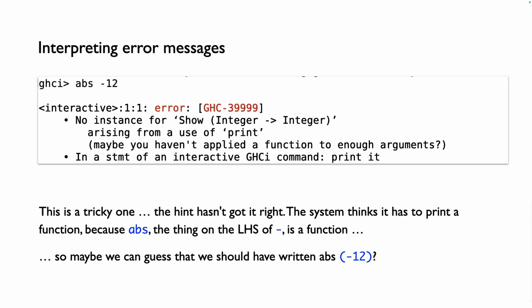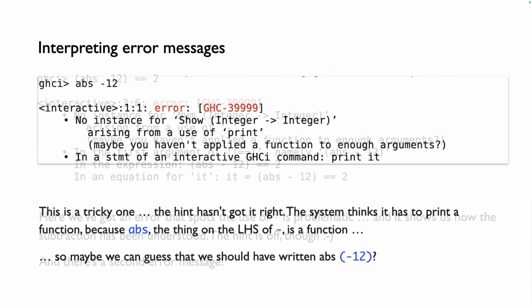But it's really not the case that we haven't applied a function to enough arguments. The problem is we should have put that -12 in parentheses. So it's telling us something is wrong. It's somehow interpreting that thing as being the whole thing meaning a function, but it takes a bit of ingenuity to work out why it thinks that.